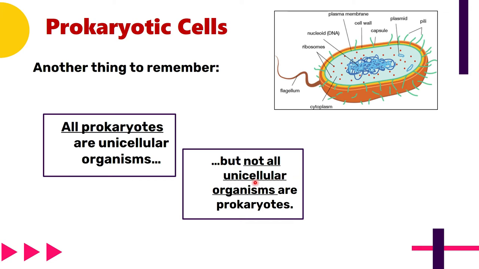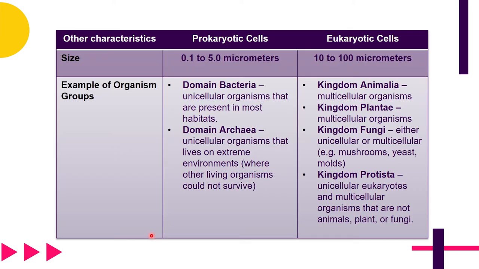But not all unicellular organisms are prokaryotes. Okay? There are some unicellular organisms that are eukaryotes too. Okay? So let us look at some examples of this later. Now let us proceed to other characteristics between prokaryotic cells and eukaryotic cells.